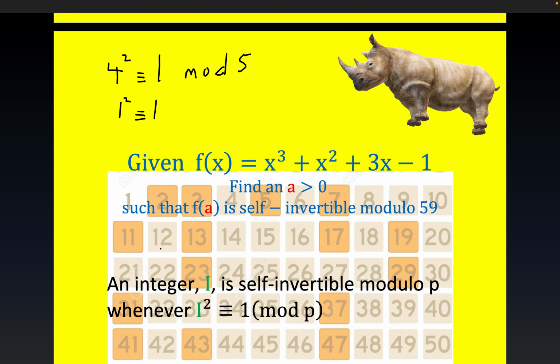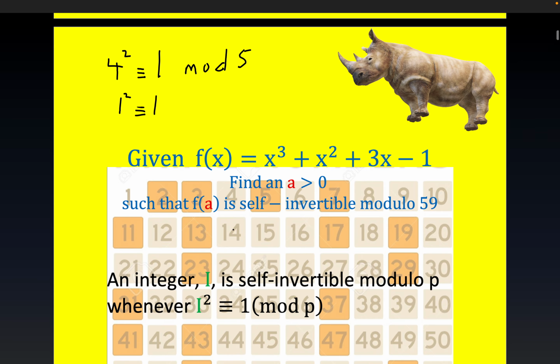Now, we'll prove that a little more thoroughly down here, but we're given a cubic polynomial, and we're looking for a positive integer, a, such that f evaluated at a is self-invertible in the same sense of the definition. Now notice that this statement right here actually implies that p is a divisor of I squared minus 1. Or this is literally an equivalent way, and let me envelop that in parentheses. Okay?